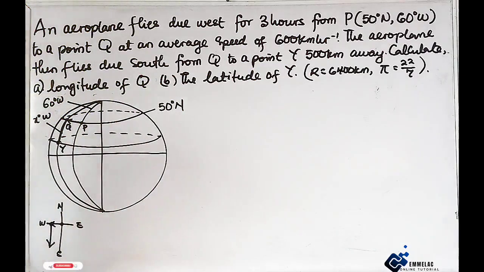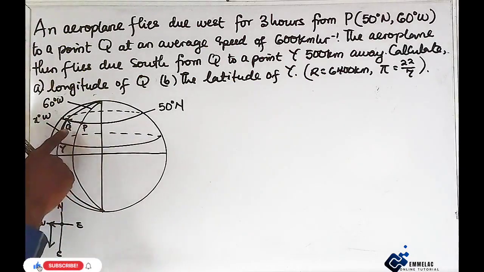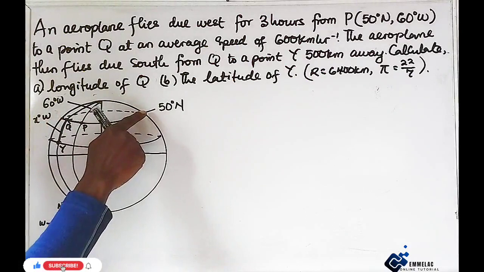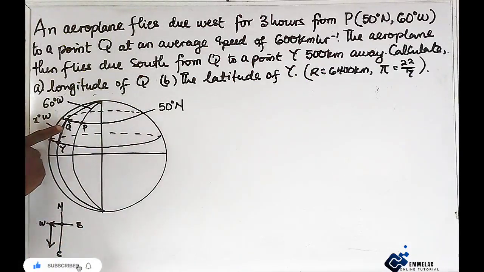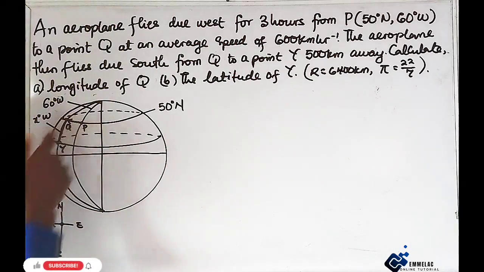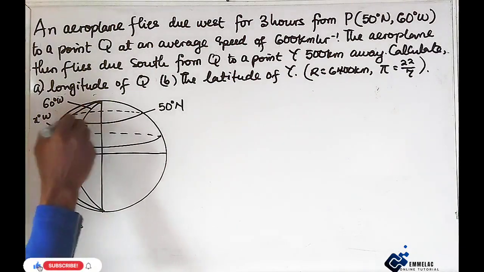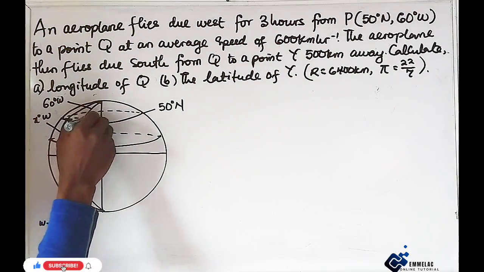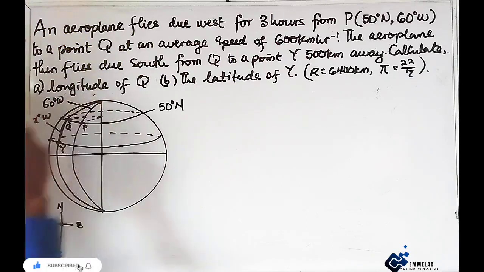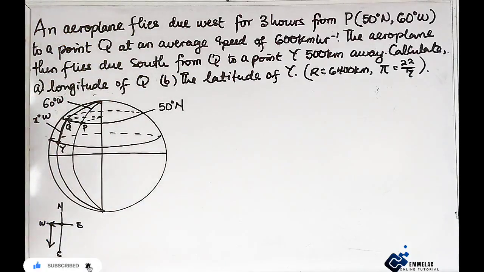Now look at this diagram. P and Q lie on the same latitude, while Q and Y lie on the same longitude. Okay, now let's get to work.